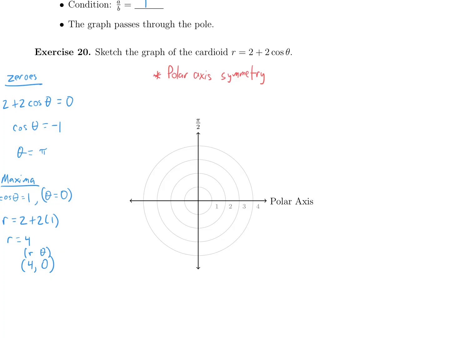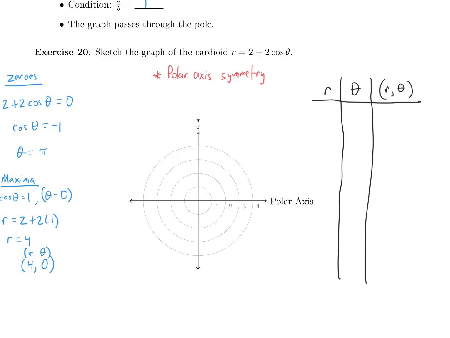So now let's get to the plotting points part. R, theta. Let's do 3 columns. All right, so let's start with values for theta. Let's start with 0, because that's where you usually start. Theta equals 0. And then we can go to pi over 4. Let's just pick some values. And then we'll go to pi over 2. It's basically just increasing theta gradually.